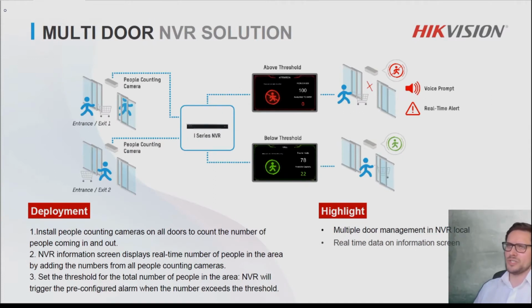You can have 2 or 3 doors in one shop and group all the cameras together. You just create a group of multiple cameras, and the count of all the cameras will be calculated in the recorder, and the recorder will let people know on the screen if they're supposed to get in or not.